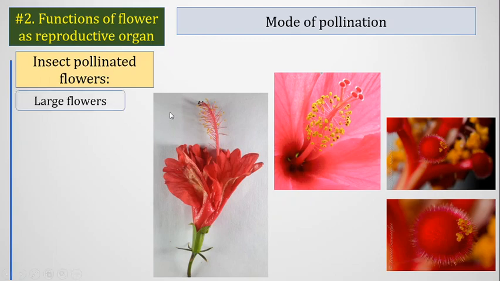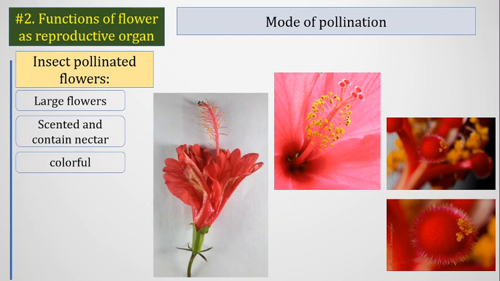For example, they are usually large, scented and contain nectar, so that insects are attracted to the flowers to get nectar from them. They are also very colorful to attract insects, and their pollen and stigma are both sticky.